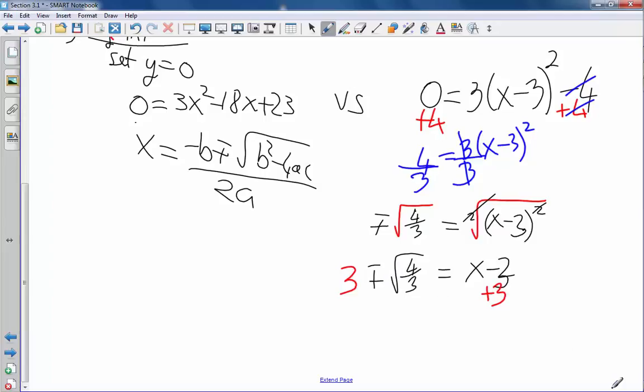I'll leave it here. I'm not sure computer will like it though, but we'll test. So there are 2 answers here. These are gone. X equals 3 plus root 4 over 3, or x equals the negative option.